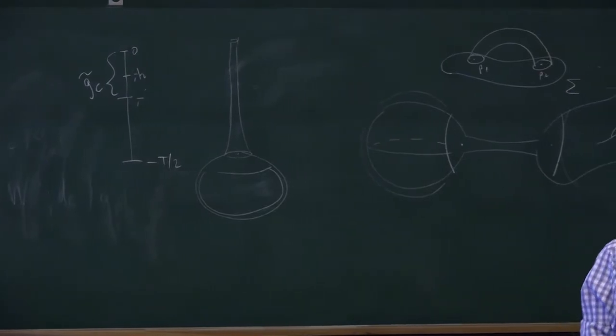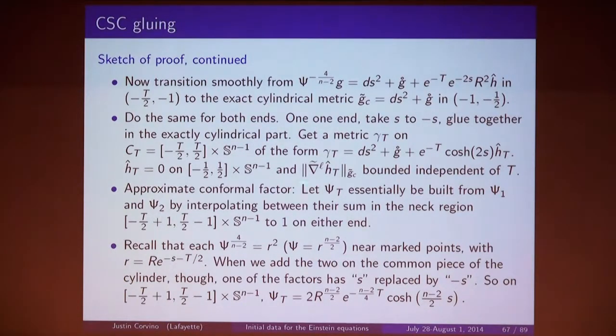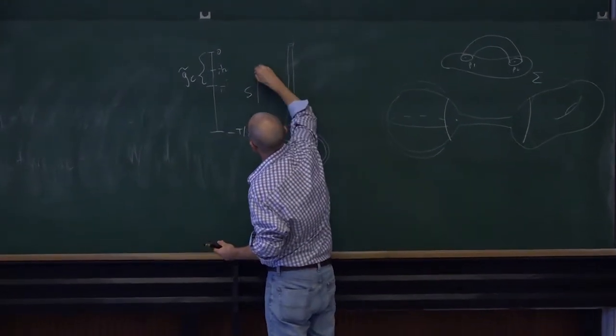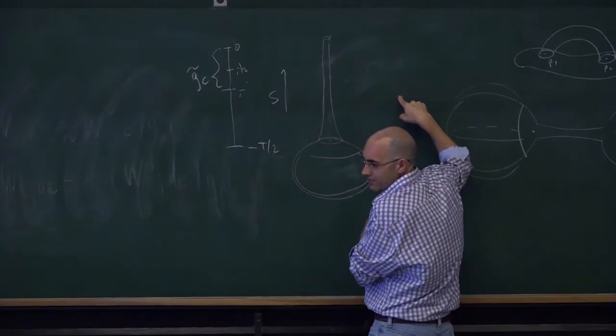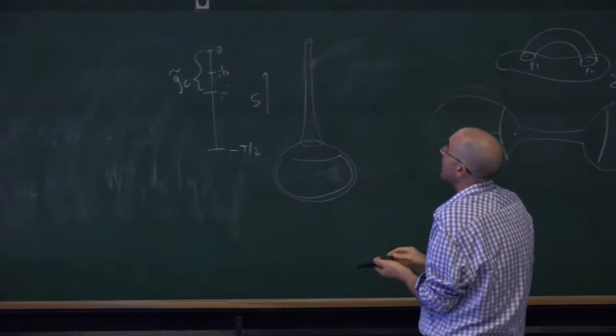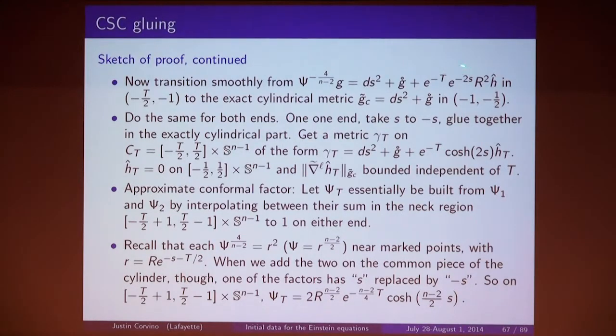Okay? Let's see. Right. So once you do the same for the other end, here s is negative. Here's your s-axis. On the other end, if it was negative 2, that's one thing. But then you want to put them together, so you have to have an s to minus s identification. When you do that, I'll point out that the error term here involves an e to the minus 2s.